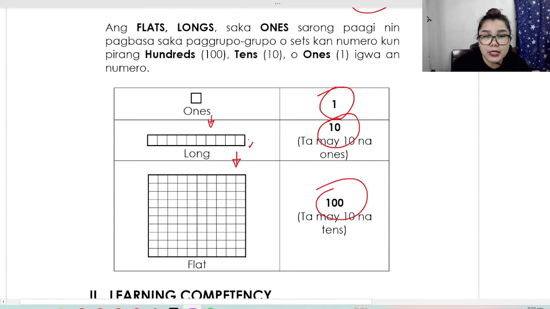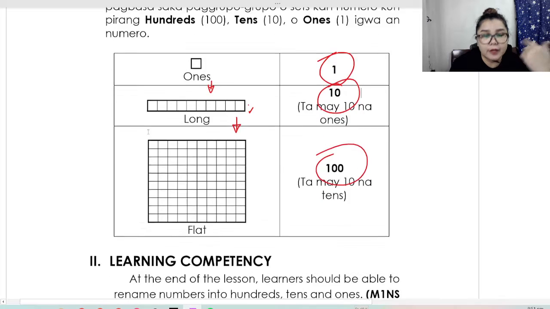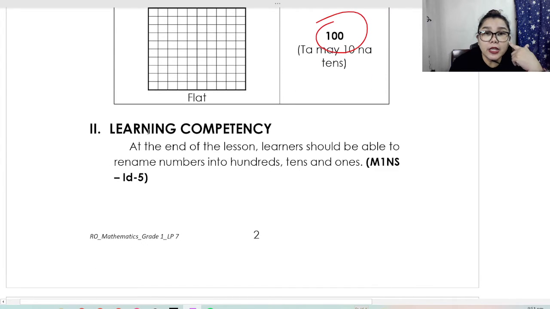So, connected yan sa isa't isa. 1, isa-isa lang. If 10 are put together, then it becomes a long. If 10 longs are put together, then we make a flat. So, yan ang ones, long, and flat, and this is how they are related to the numbers 1, 10, and 100. Okay. Learning competency.